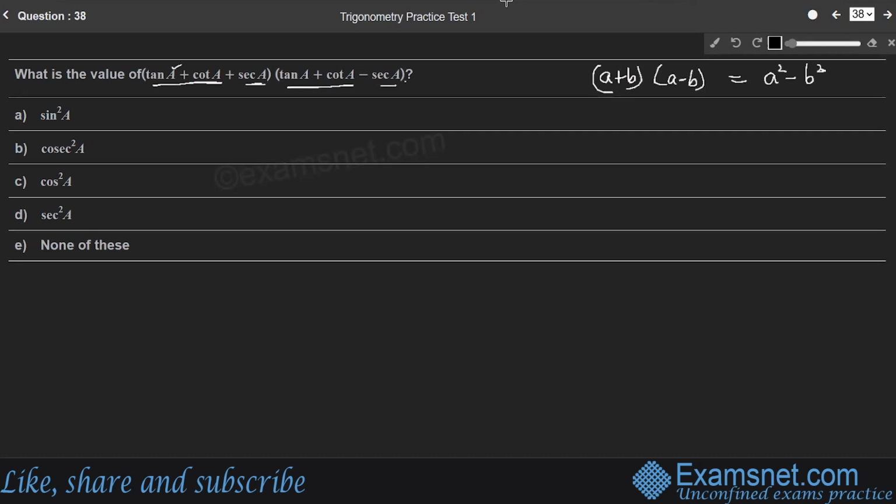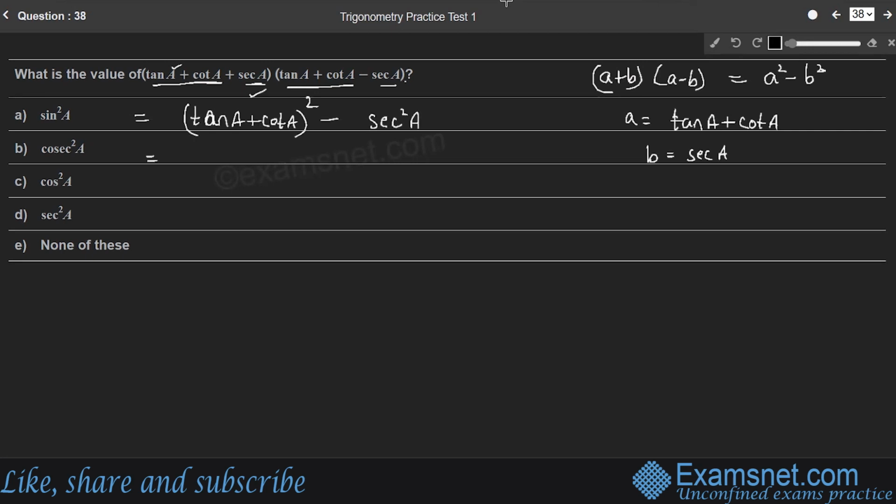Apply the same formula here. Here the value of A is tan A plus cot A and B is secant A. So A square becomes tan A plus cot A the whole square, minus B square, which becomes secant square A.